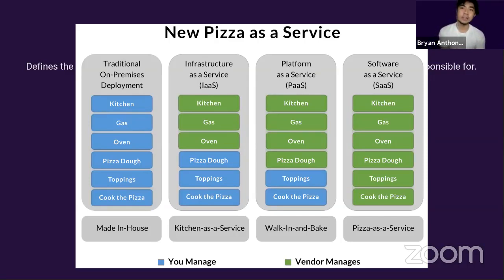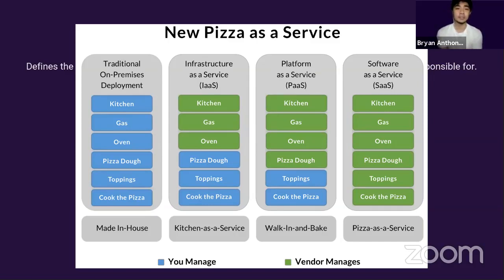For the PaaS, what you need to do for the pizza is to pick the toppings that you want. Maybe you want more toppings, you want these specific toppings, and you need to cook the pizza as well. So it depends if you want it to be toasty, or just the right amount of time in the oven.